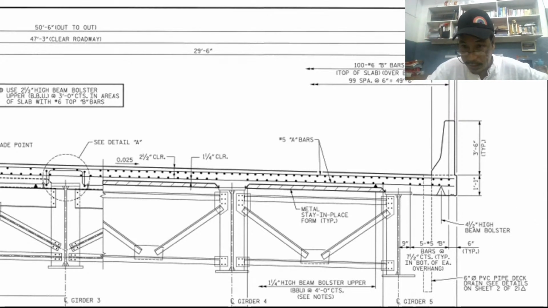So if you divide 3.5, so this is actually more than 1 meter. So this is 1.07 meters. Okay.